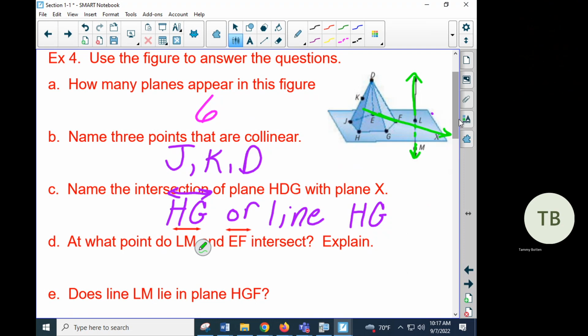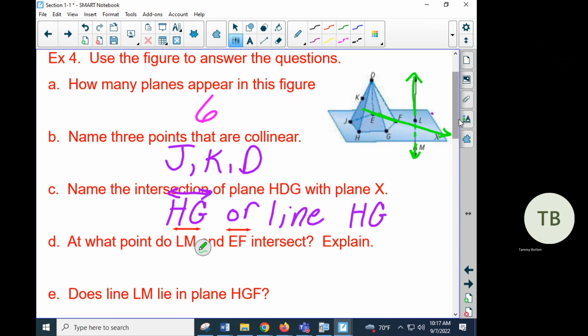They look like they do, right? But it's dashed here. So is that line on top of the plane or is it behind the plane? It's behind. Okay. So this line is like stabbing through the plane and it's right here is line L.